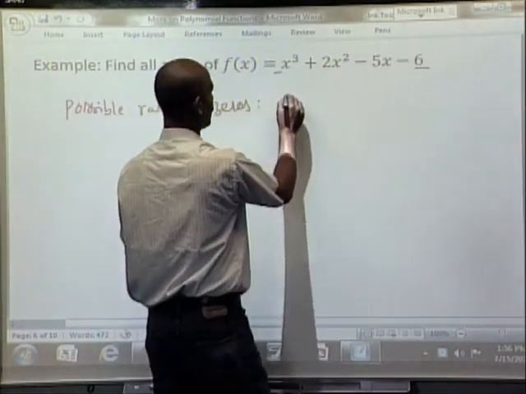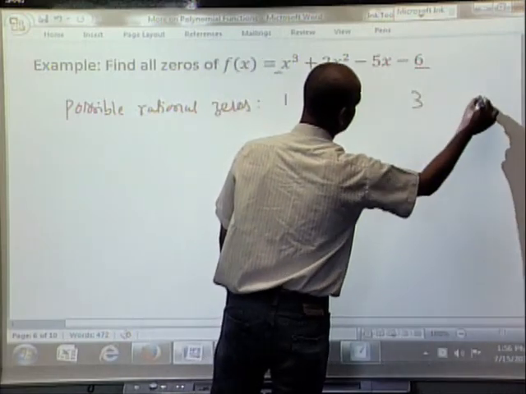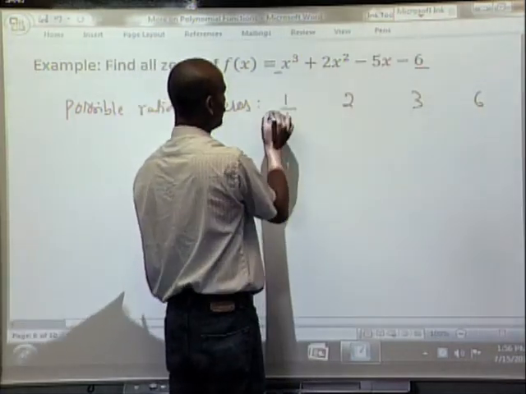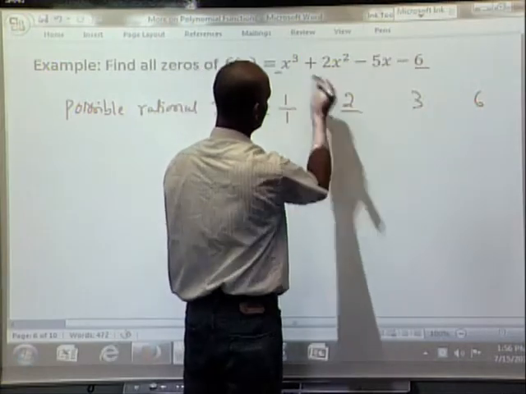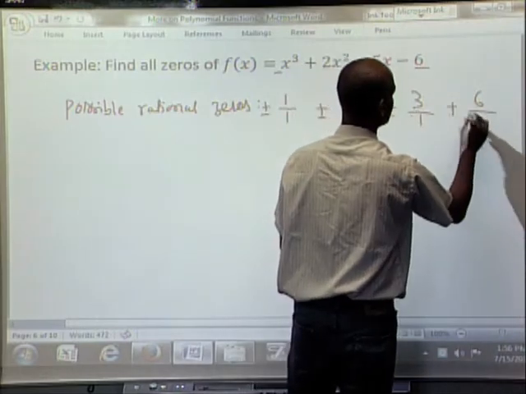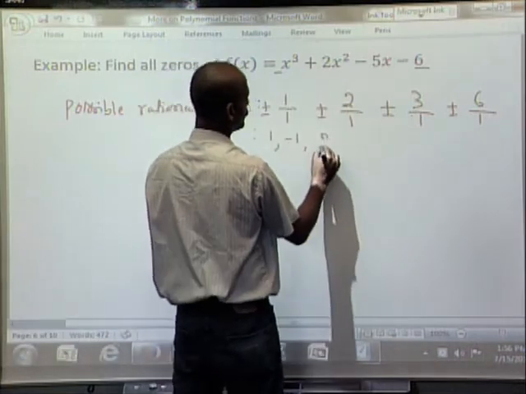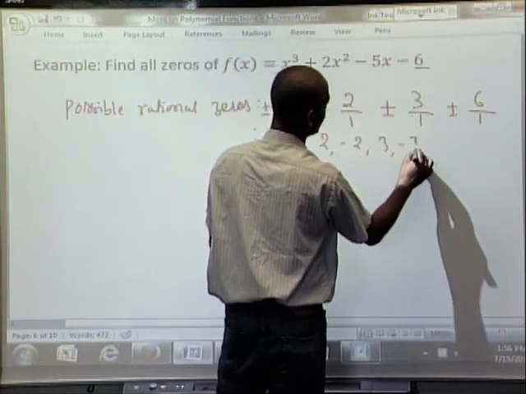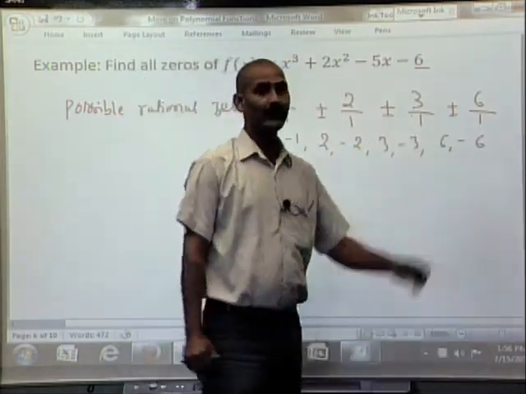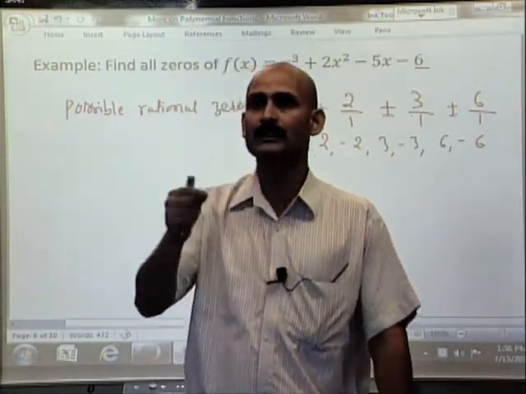Factors of 6: 1, 2, 3 and 6 itself. Factor of 1 is only 1, so plus or minus. So this is only 1, so plus or minus 3 divided by 1, plus or minus 6 divided by 1. So basically the list is 1, negative 1, 2, negative 2, 3, negative 3, 6, negative 6. That is 1, 2, 3, 4, 5, 6, 7, 8. Out of these 8 candidates, we need to identify one which really works.